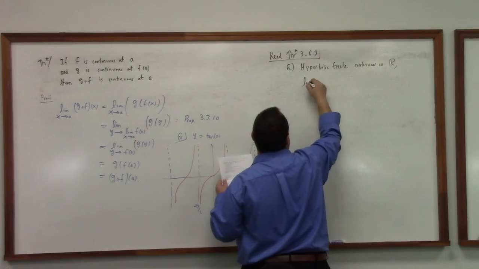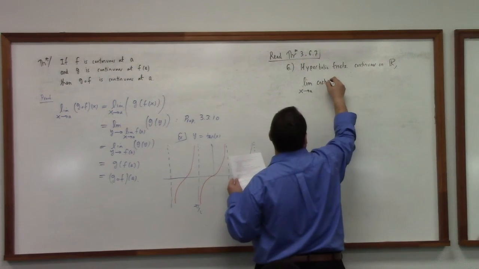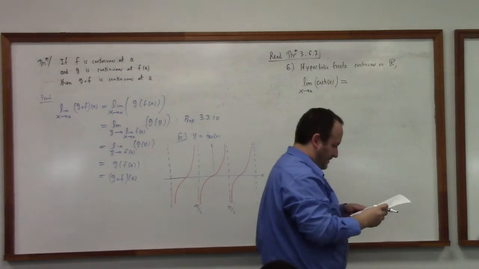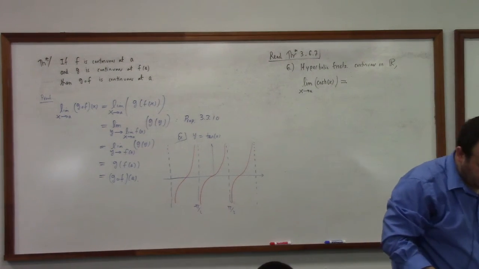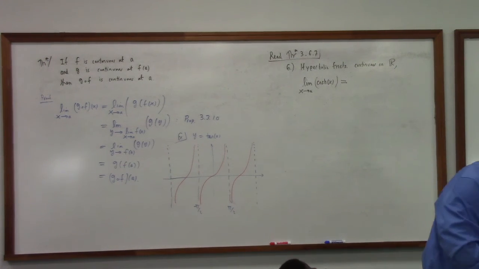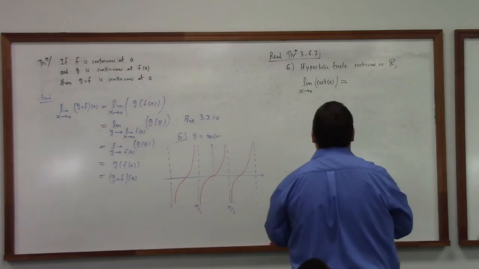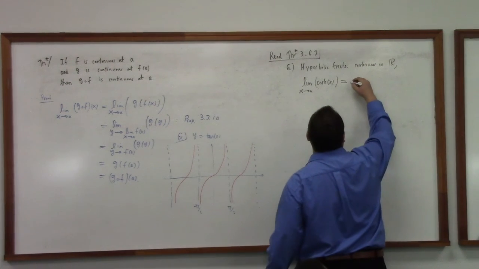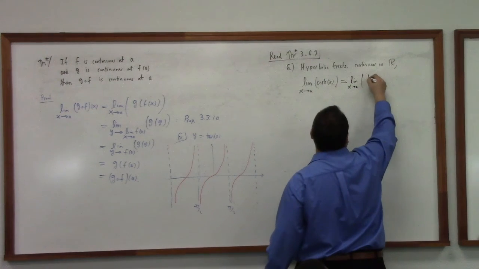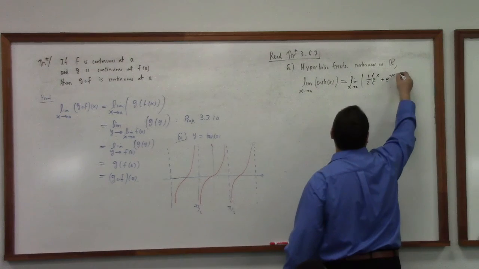The limit as x goes to a of hyperbolic cosine of x. What's that equal to? It'd be cosh a, right? But let's see why that's true. Limit as x goes to a of 1/2 times (e to the x plus e to the minus x). That's the definition of hyperbolic cosine.